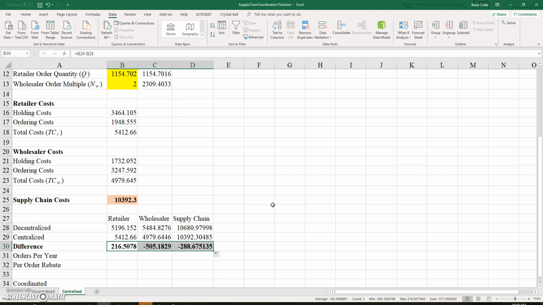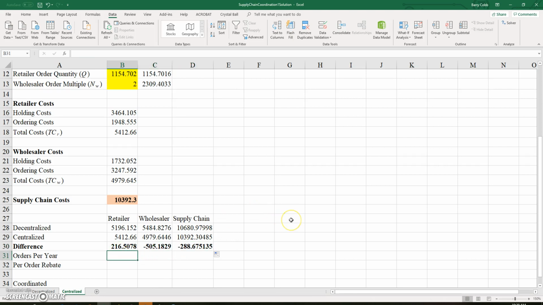Because of this, we would expect the wholesaler to have to pay an incentive to the retailer to participate in the centralized solution. One possibility is for the wholesaler to pay the retailer a rebate each time it orders.